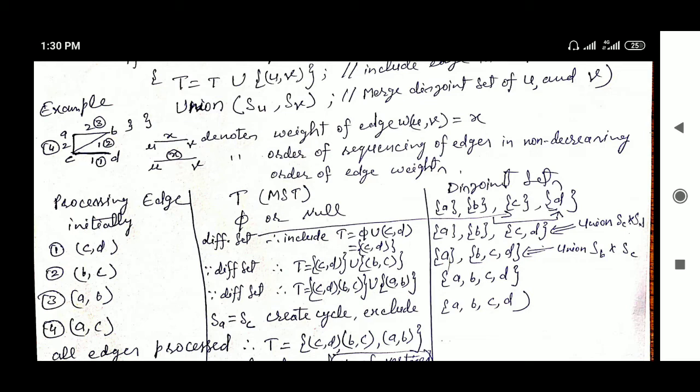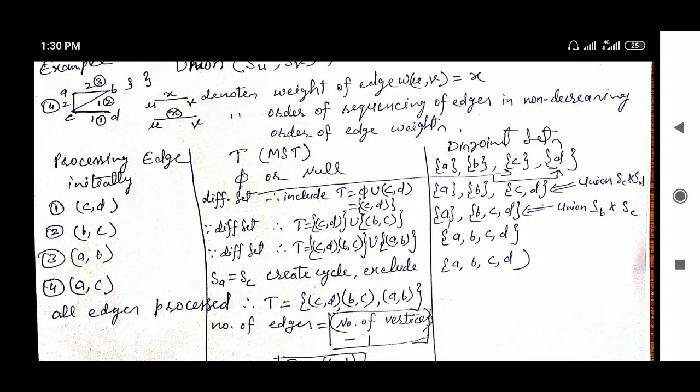Similarly, AB as the third edge or AB as the fourth edge, because AB and AC both have the same weights. So first in this example we have chosen CD with the minimum weight 1.